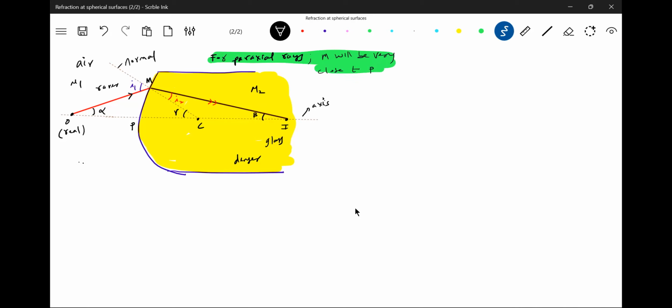Now, let's apply Snell's law at M. Then mu1 sin I1 equals mu2 sin I2.